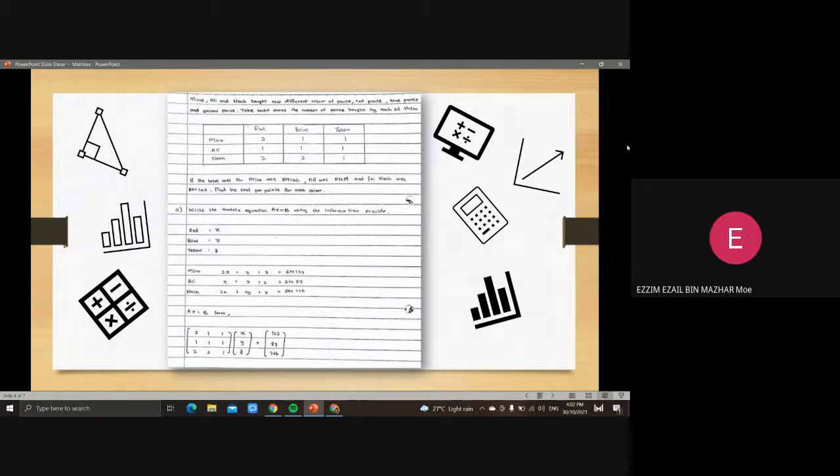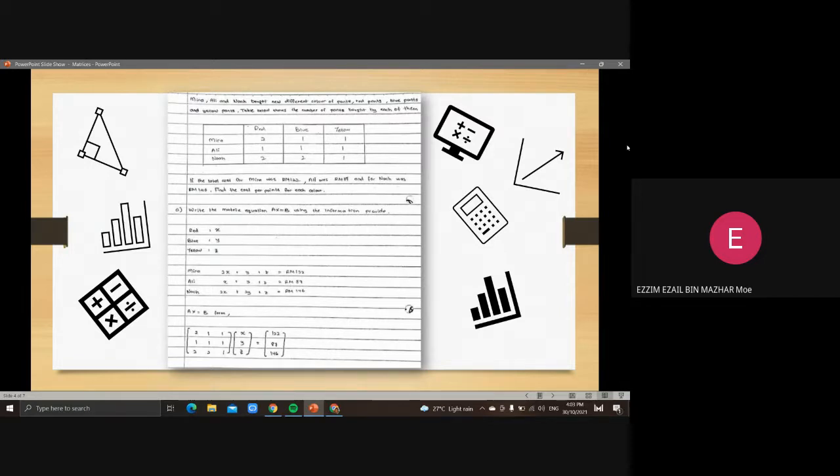Okay, so I'll read the question first. Mira, Ali, and Noah bought paints of different colors: red paints, blue paints, and yellow paints. The table below shows the number of paints bought by each of them.